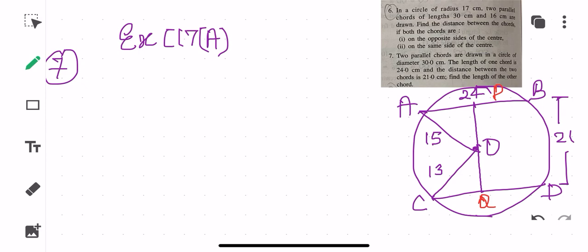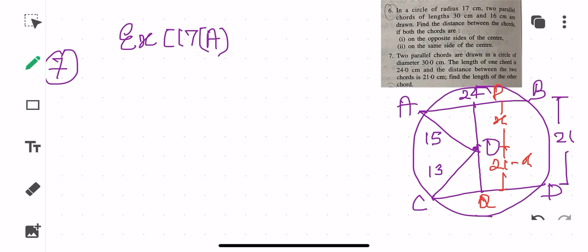Now what you have to write: one you will take as x, and the other as 21 minus x. So suppose the OP distance you take as x. Then it is understood, children, that OQ will become 21 minus x, since the total length is 21. So this particular thing we have to do and then we can find the answer easily.